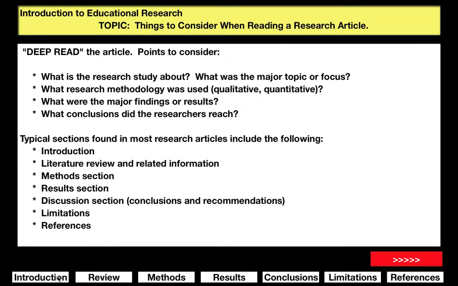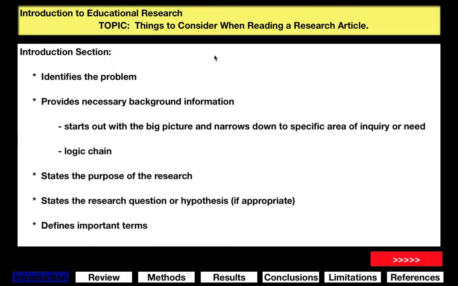So let's start with the introduction. Now, you'll have the title, and then underneath that, usually there'll be an abstract. And then the research article will start, and it usually does not start with the heading introduction, but the first several paragraphs of the research article should be the introduction.